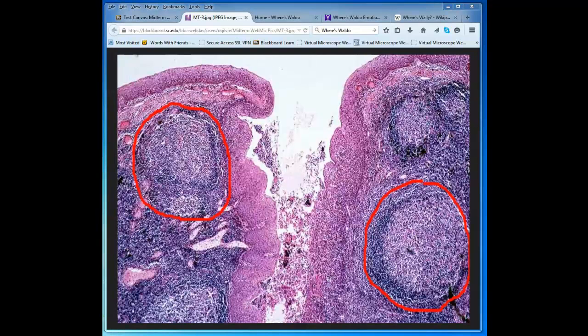This question once again presented the tonsil and encircled 2 secondary nodules, and we asked to identify the structure of the 2 examples encircled. The best answer would be secondary nodule, secondary lymphatic nodule.